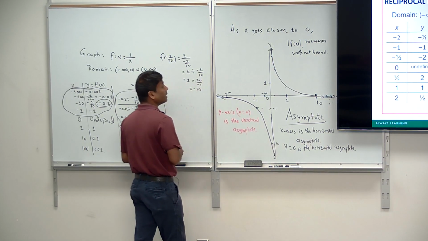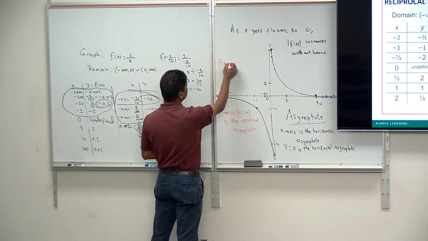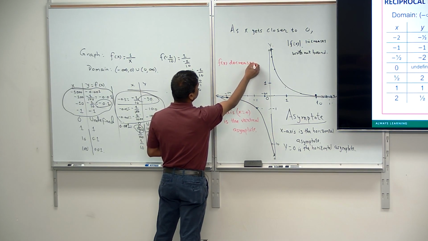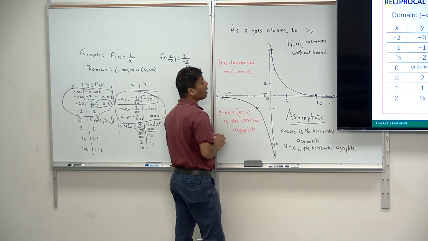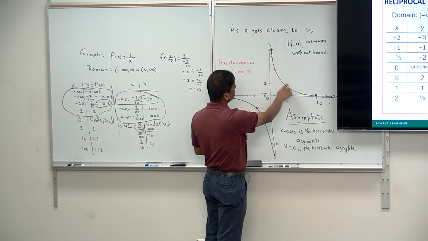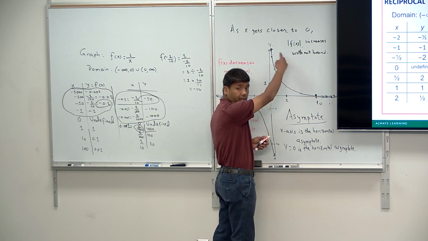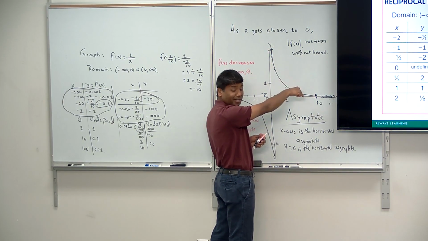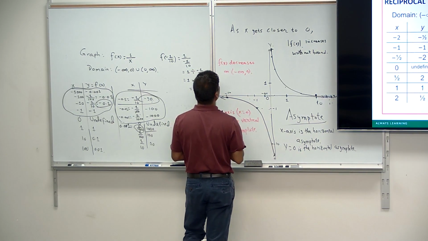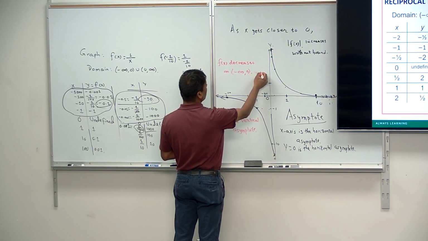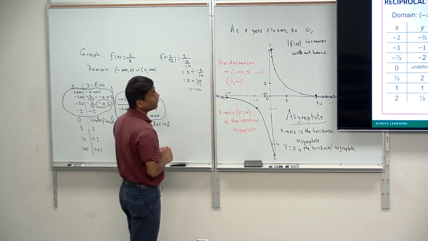So f(x) decreases on the interval negative infinity to 0. And what happens here? Does the function increase or decrease here? It also decreases, right? You see the graph, right? So the function decreases on the intervals (-infinity, 0) and (0, positive infinity).